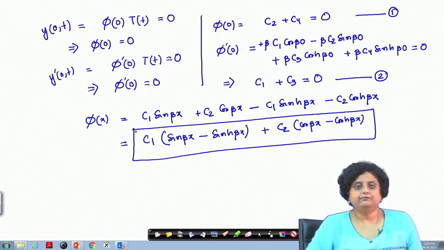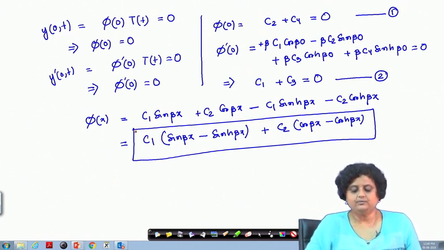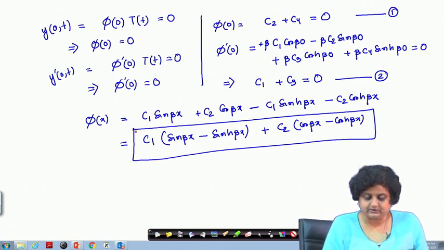Now, I have simplified the equation. The two unknowns left are C 1 and C 2. We will find out C 1 and C 2 from the other two boundary conditions. So, let us try to do that.